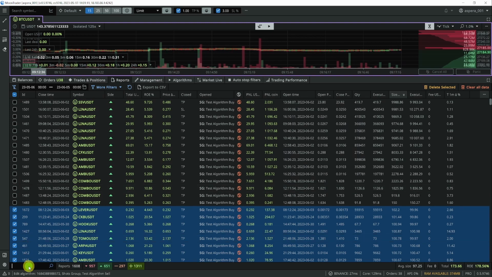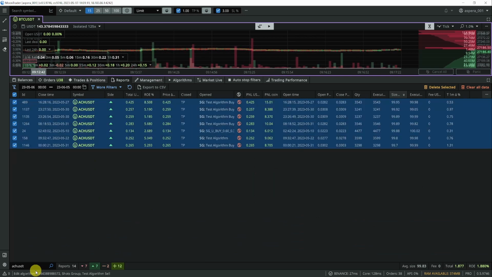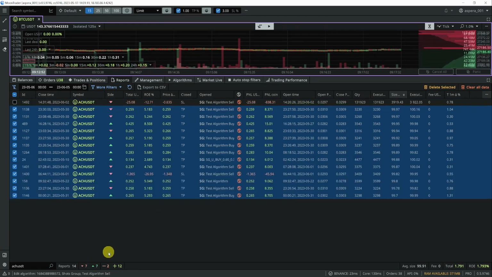So if we were to go here and type ACH USDT, we get all transactions on ACH. We need to unfilter the profits and the side. Here, now we have all of them. So you see this one is deselected because it was on a huge order size, and it got us minus 25 USDT.